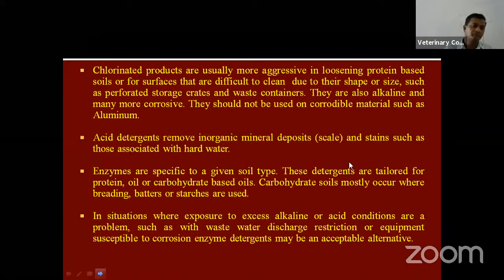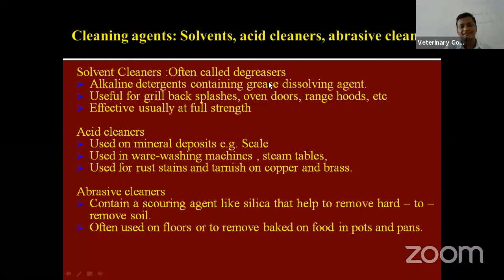The solvent cleaners are nothing but the degreasers. Degreaser means the fat has to be removed, and we invariably use alkaline detergents to saponify the fat and remove the greasy material present on the food surface.